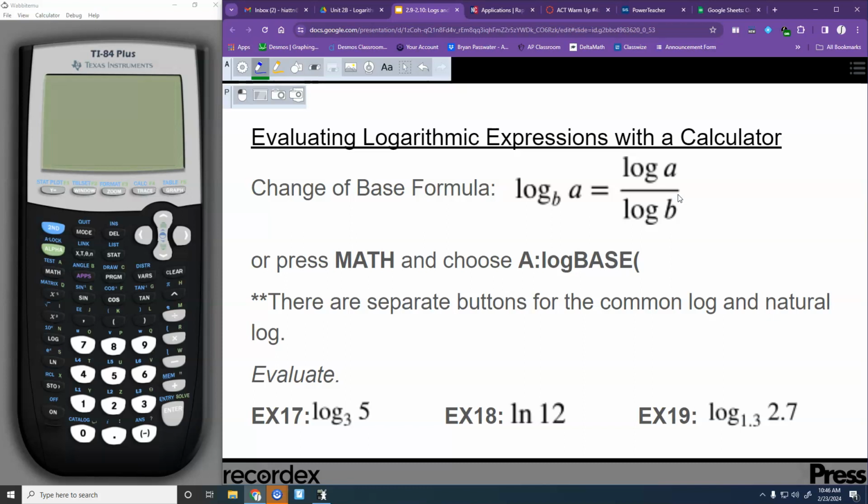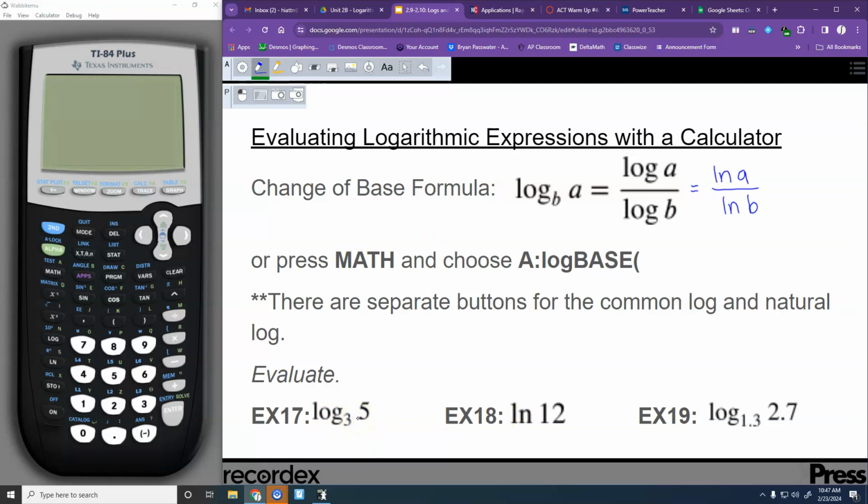But there is also an option to do a log with a different base if you go to the math menu. Also, I should have put this on here. It actually does not matter with your change of base formula if you use log or if you use the natural log button. So if you use natural log of A over natural log of B, it'll give you the same answer. Okay, so let's just do number 17. I'll show you the 2 ways that you can do this.